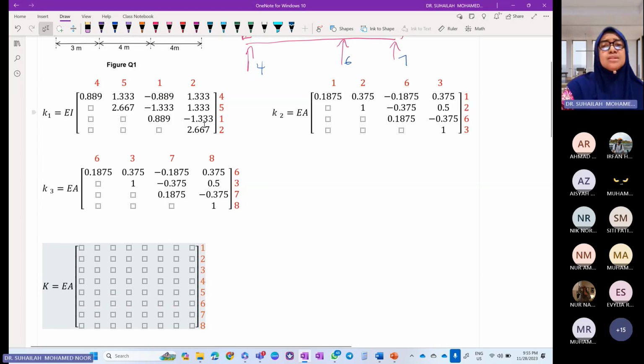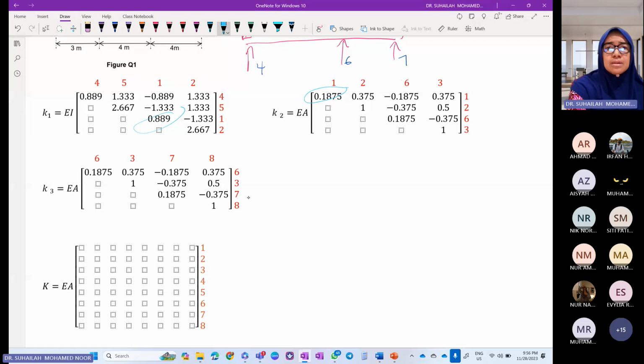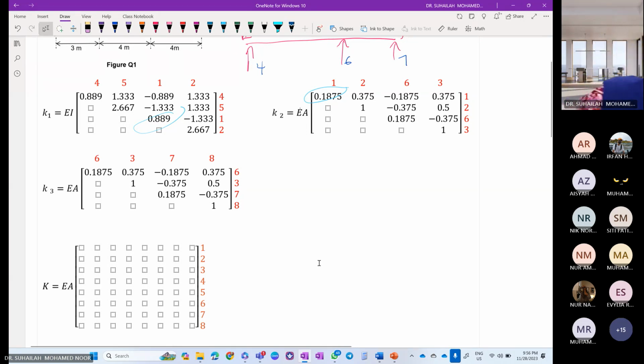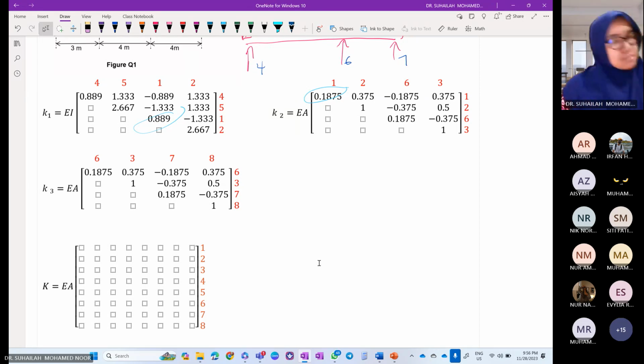Okay, K 1,1. You just have to plus the value, right? So why do you take so long? 1,1. So it is 0.889 plus 0.1875. What is the answer?